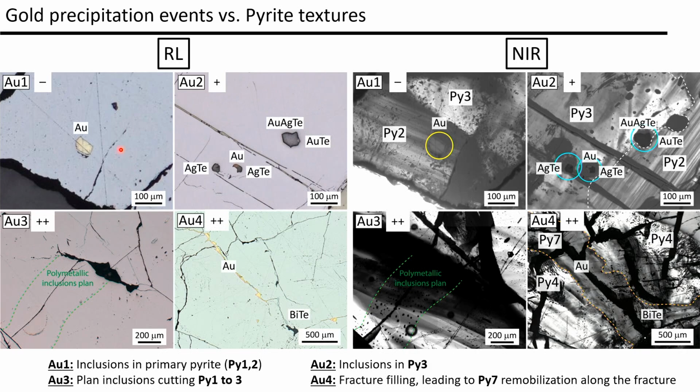So first, we determined 4 gold events based on their textures and their location in the pyrite textures. First, we have the gold 1 and 2 that appear as random inclusions in the pyrite grain. But as you can see in the near-infrared, it appears that gold 1 is an inclusion in primary textures, whereas the gold 2 inclusions are hosted by the Pyrite 3.